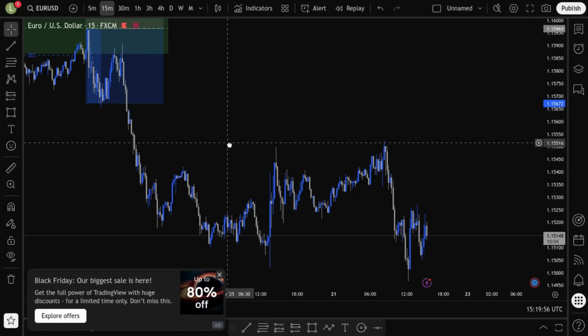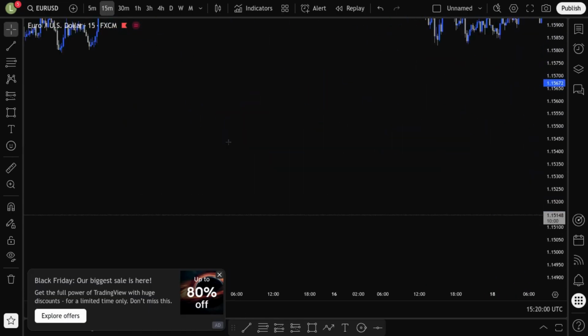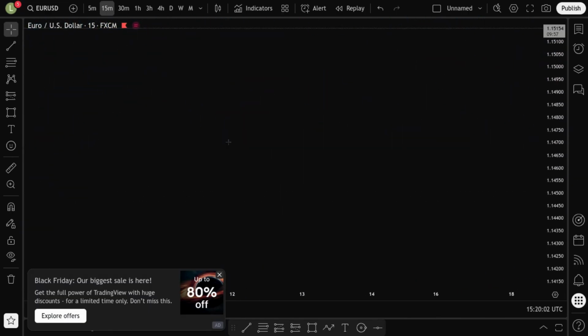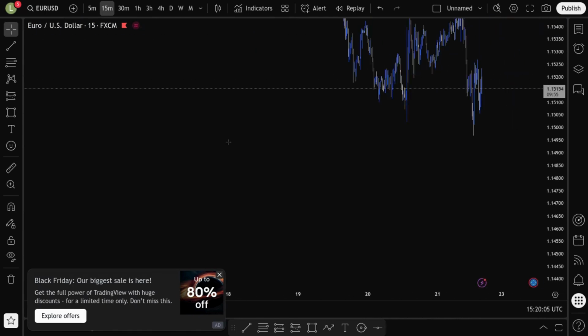So the idea is price coming to take out. Right, let's go back to our text. So the idea is price coming to sweep liquidity, right? Overall, first you need to understand the overall market structure. And why is it important to understand the overall market structure? So you can know your bias.